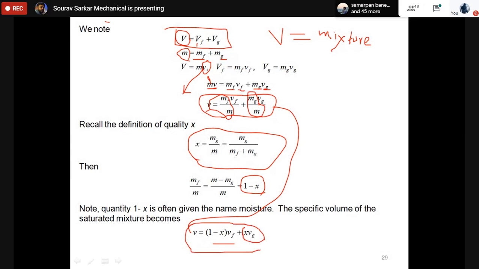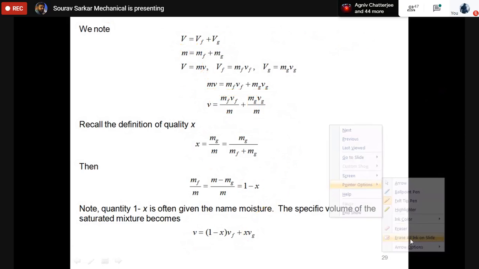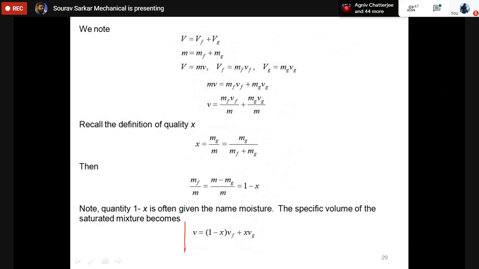So any average property can be written as the contribution of the liquid state and the vapor state with some quality factor.